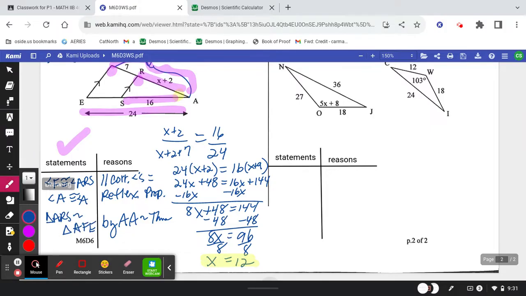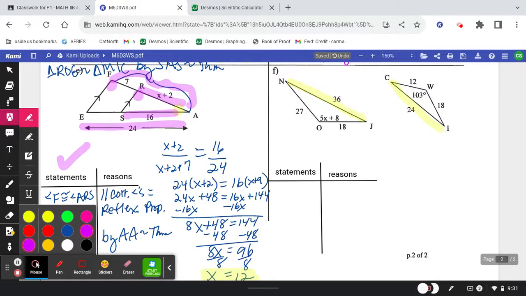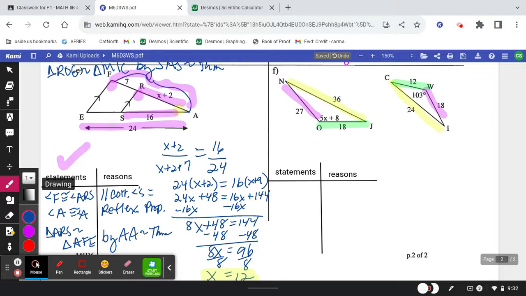3 side ratios. Can we flip this around to have corresponding sides? So, for example, this longest side is going to go with the 24. The second longest side is going to go together, and then the shortest side. So let's see if these side ratios work out. So ON, I'm going the purple side first, compared to WI would be 27 over 18.